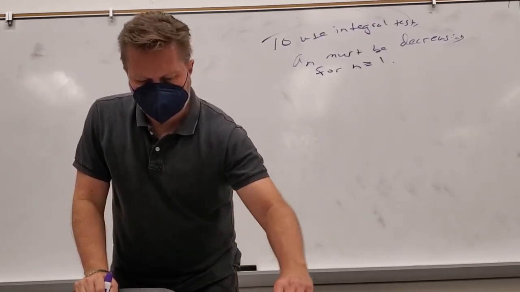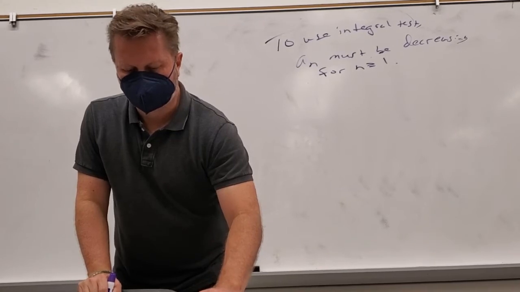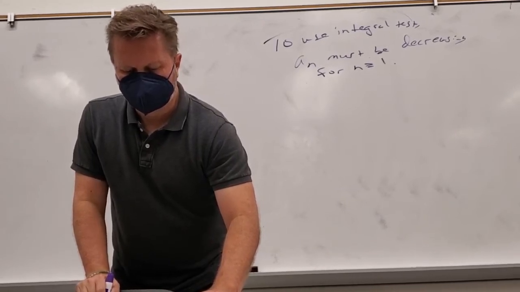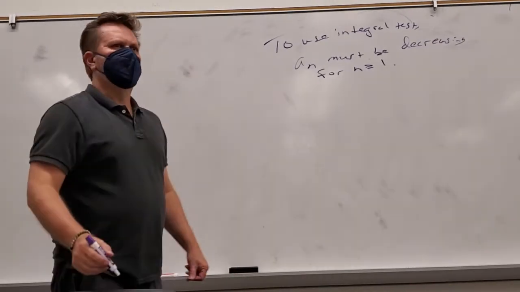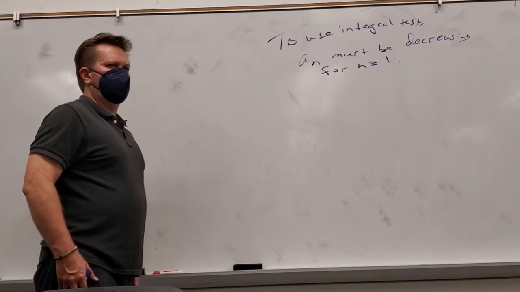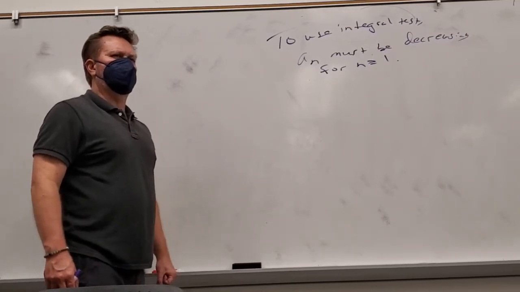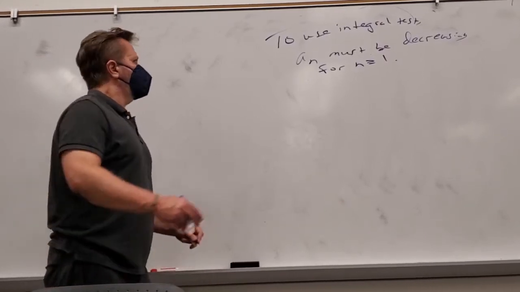Verify one thing real quick. Okay. Wait, so if you wanted to use the integral test on something like 1 over 2 minus x, you couldn't do that? Because it's not continuous for x greater than or equal to 1.